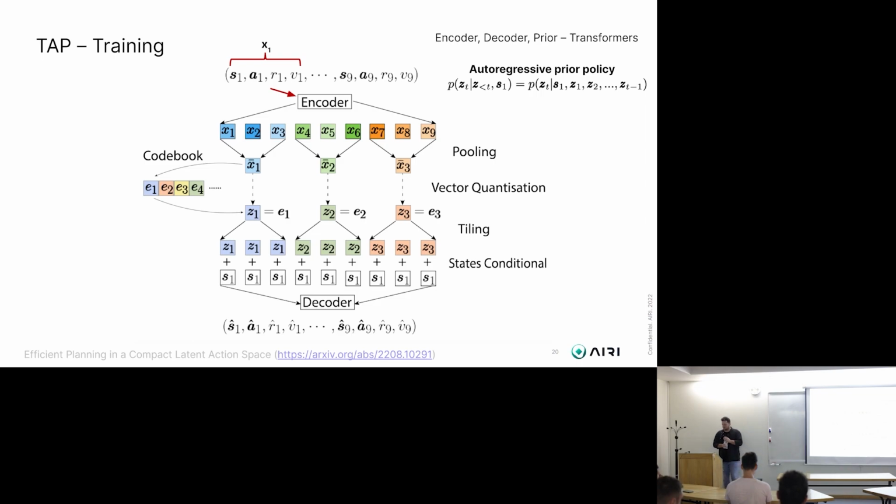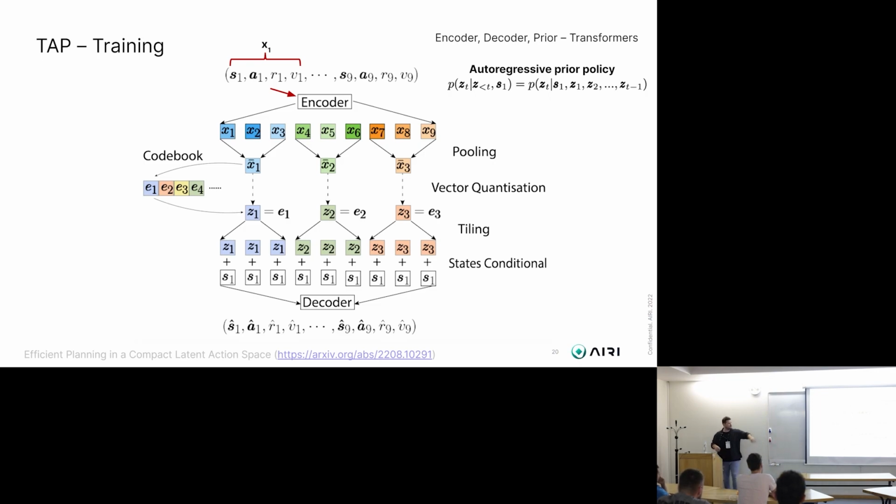So given this initial x1, this consists of state, action, immediate reward, and this V, which is actually return-to-go. We use an encoder to encode it into a sequence of tokens, more or less meaningless tokens. Then they do pooling just to shrink the number of tokens, and use a vector quantization encoder to learn new tokens in this latent space.